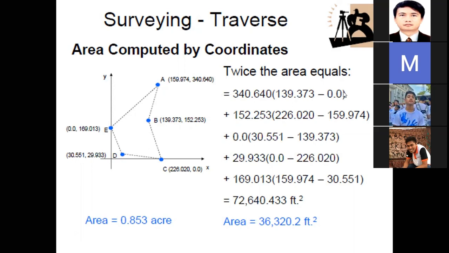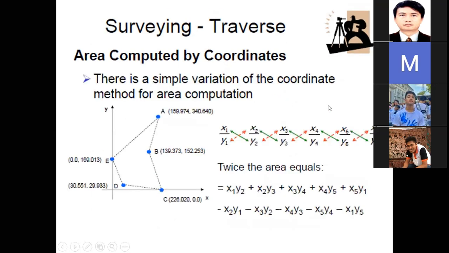Any other question? So this method works. The second method we can use is the following. There's a simple variation in the coordinates method for area computation.